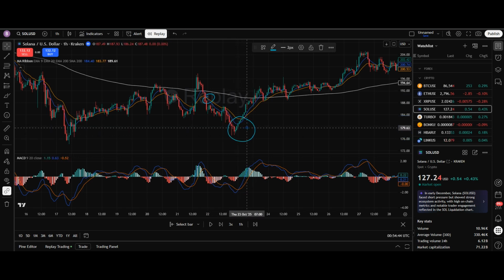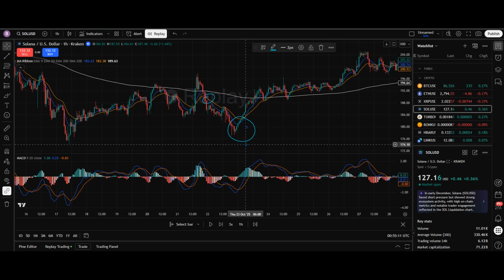The minute you see your EMA lines cross below, you're getting down to a low point. This would be a good buy zone, right? Because as you see, the 9-day EMA made a nice curve at this point and started to point back to the upside, right? And right here at this point, the 9-day crosses over the 20-day.